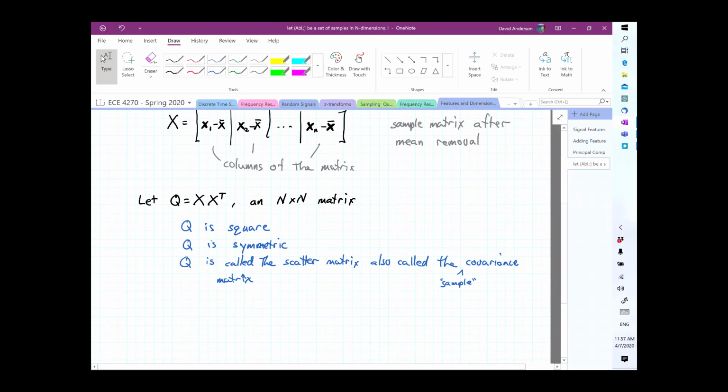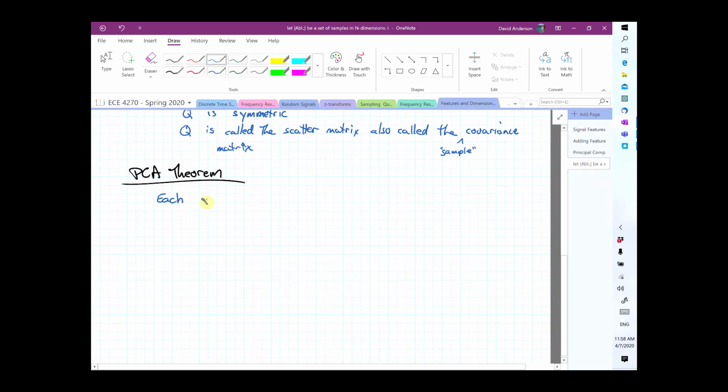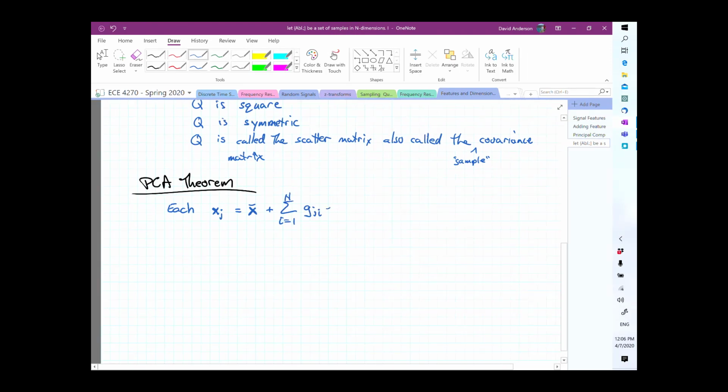It could be large. If n is, say, all the samples in a spectrum, this could be very large. This is the theorem. Each vector xj can be written as x bar plus the sum of all the previous ones. So we are going to sum up each of the eigenvectors of Q in linear combination to create our estimate of every sample.